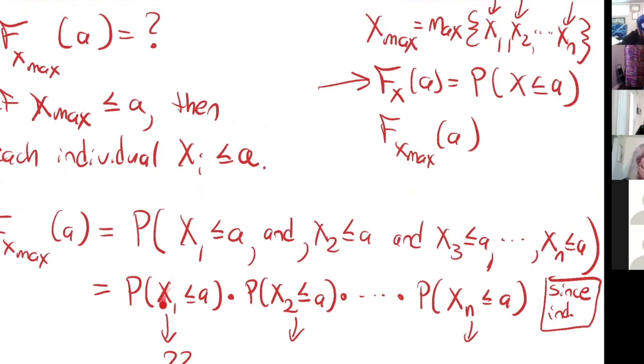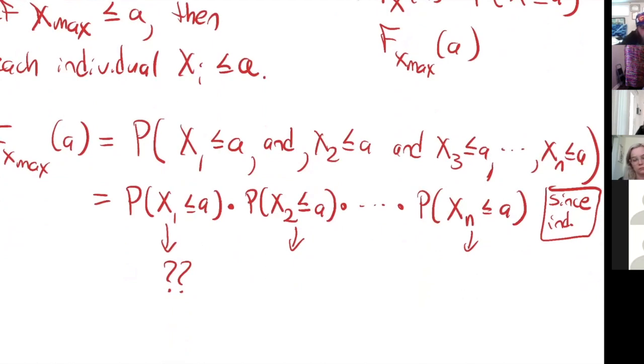So for the odds that the first number I picked is less than or equal to A, I would use the cumulative distribution function for random variable X, whatever that is. And since we're picking all of these values from the same distribution, they all have the same cumulative distribution function.